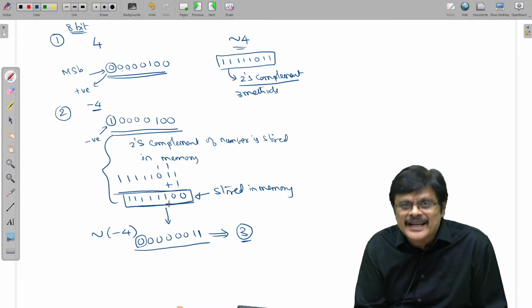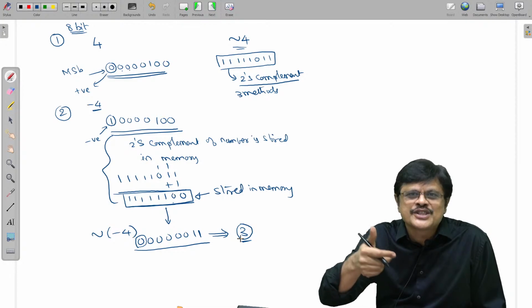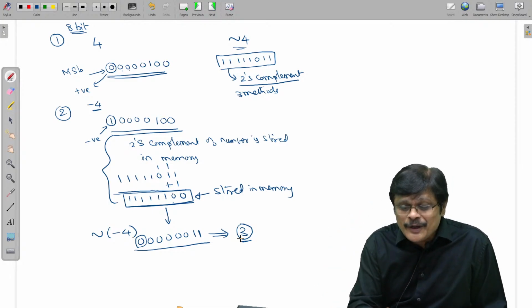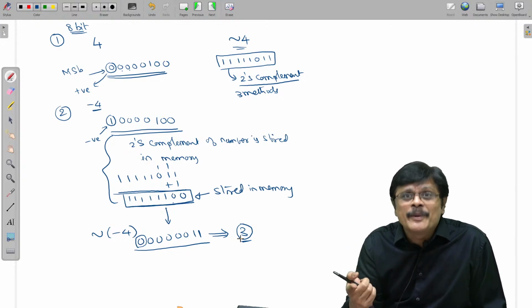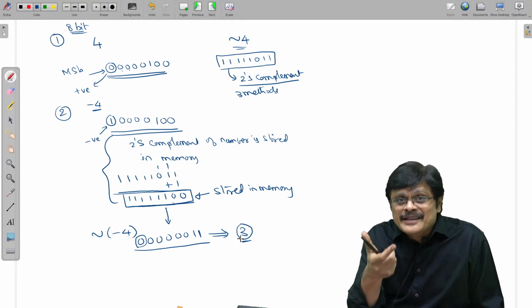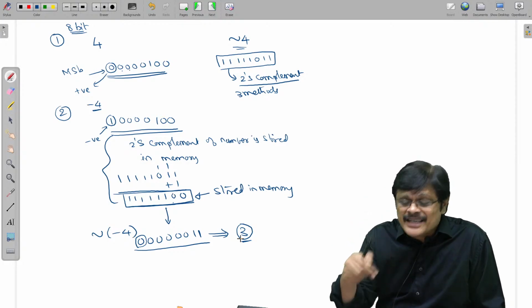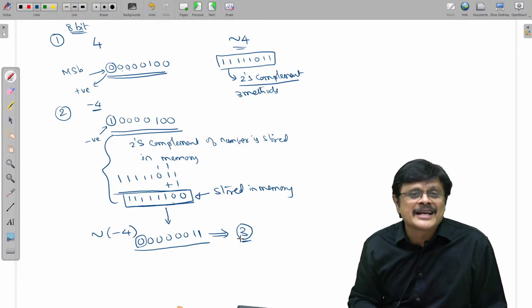Once you know this internal storage, the complement of that is just change ones to zeros and zeros to ones, you get the required answer. But when you have a positive number, after taking the complement, you get the internal storage. But how do you get the answer from that storage? You need to take the 2's complement of that. That is your required answer, my dear friends.